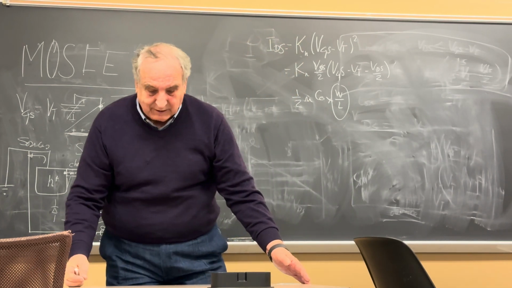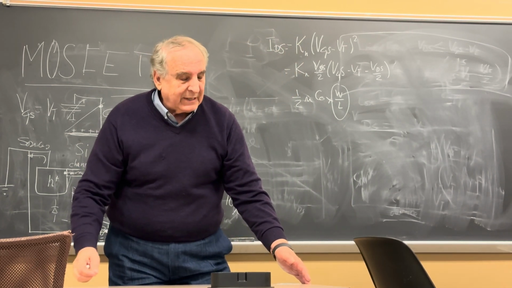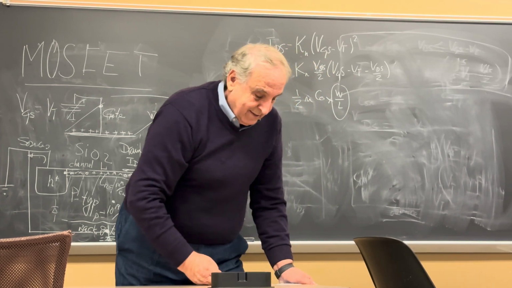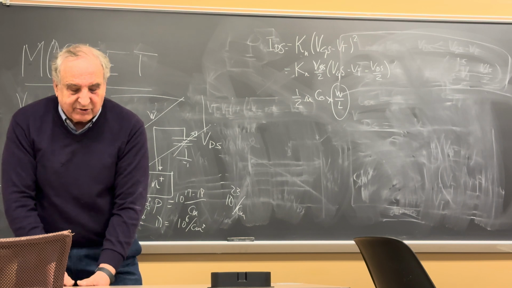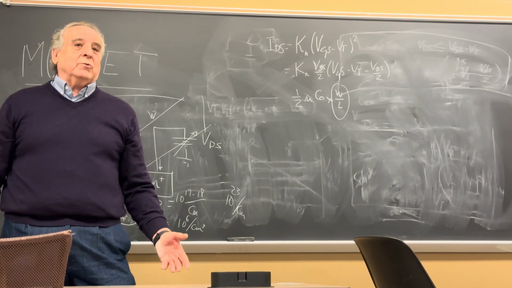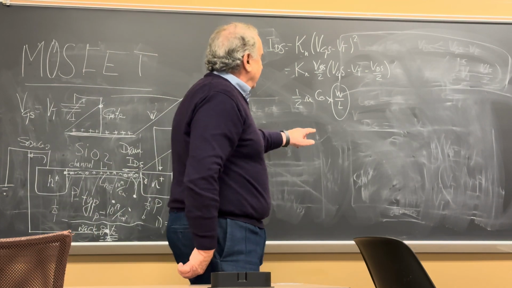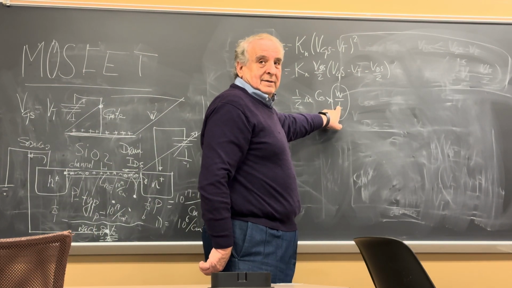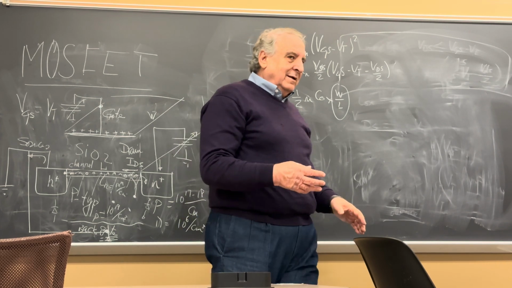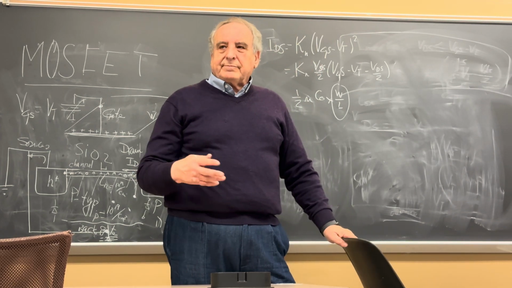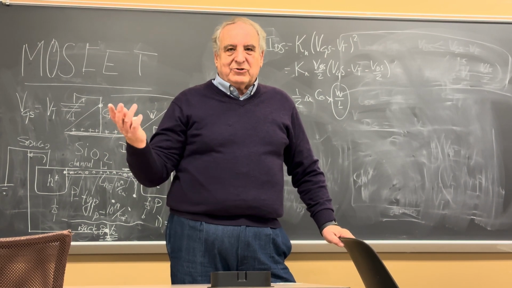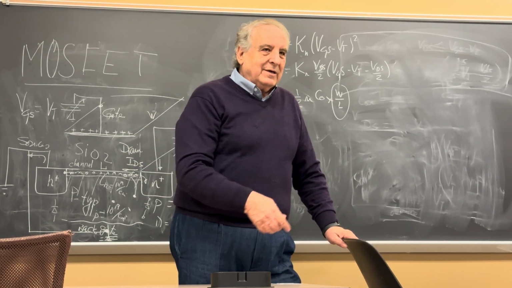You make this shorter, more electrons are going to get there. You make this wider, you're increasing the cross area for the electrons to go, so you get more current. That is important because in bipolar, the dimension of the device didn't come into any equations. Now here it comes into the equation.